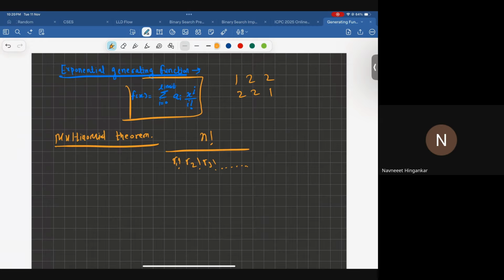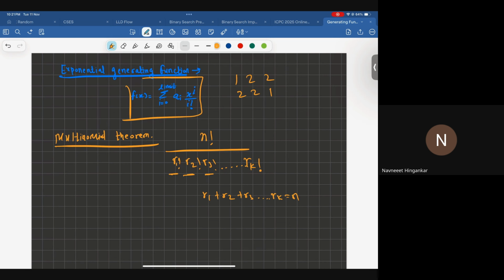It gives the total ways to place these objects when we have r1 similar, r2 similar, r3 similar, and let's say there are k distinct objects, and the total frequency summation is n.